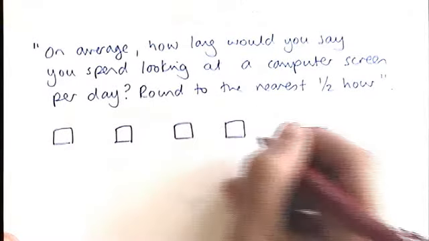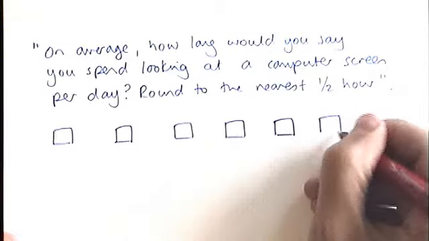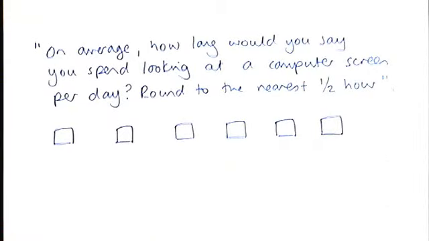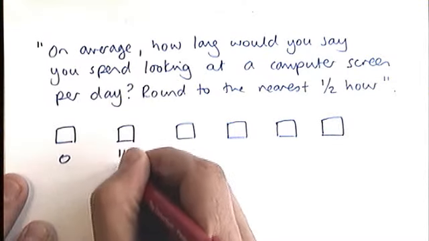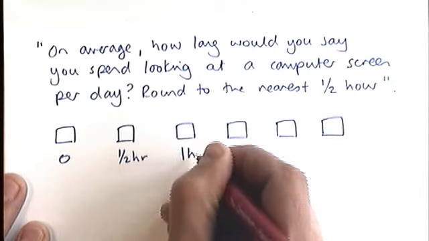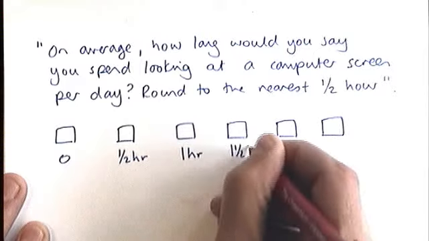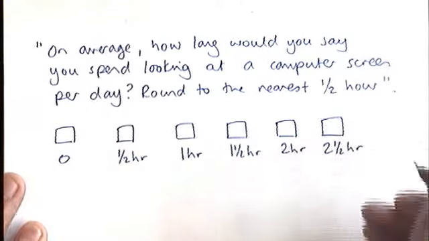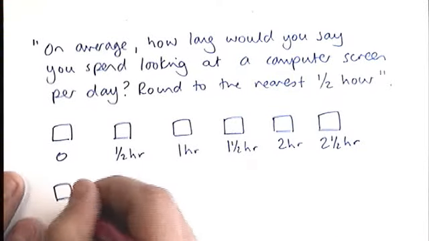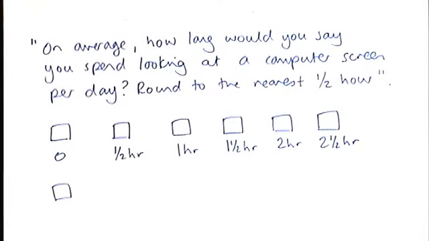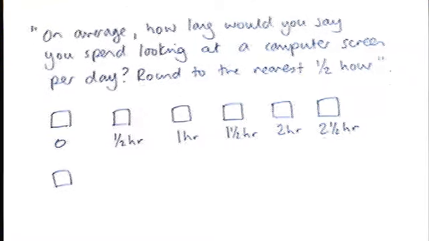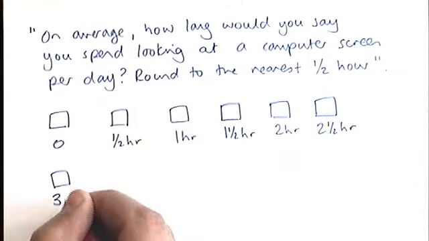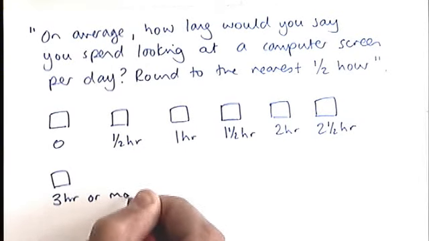I don't have to include any inequalities, any groups or anything. I just have to say 0, half an hour, 1 hour, 1.5 hours, 2 hours, 2.5 hours, and then because it's an IT company, I'd probably go up to something like 6 hours, but maybe I'd have structured the question a little bit better, but there's no problem with just putting 3 hours or more here.